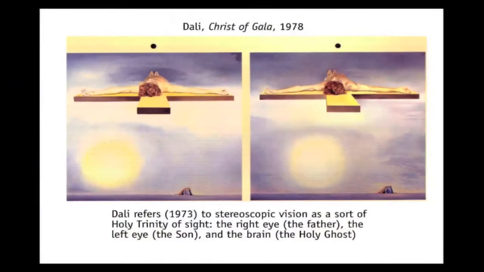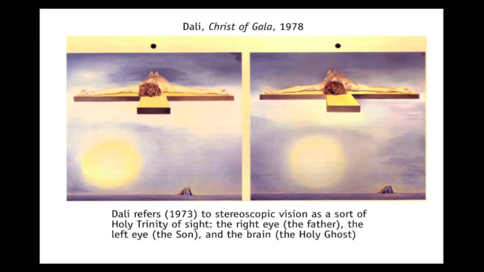process. This is Christ of Gala, which is interesting because it's using this idea about the dead Christ motif that's familiar already from the Renaissance times, but in a little bit different setting. In 1973, he compared stereoscopic vision to a sort of holy trinity of sight.